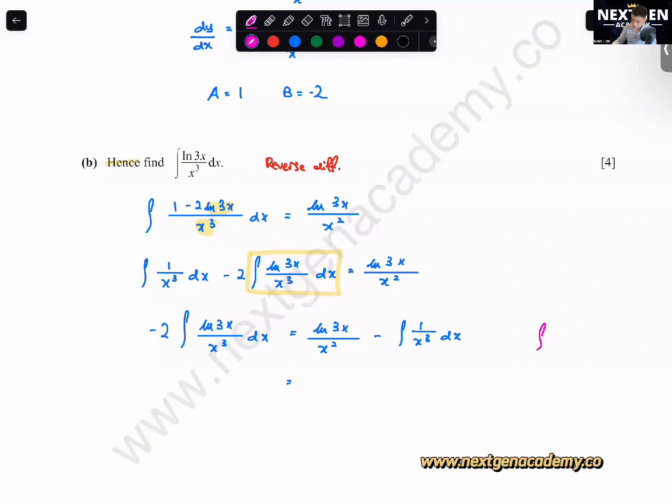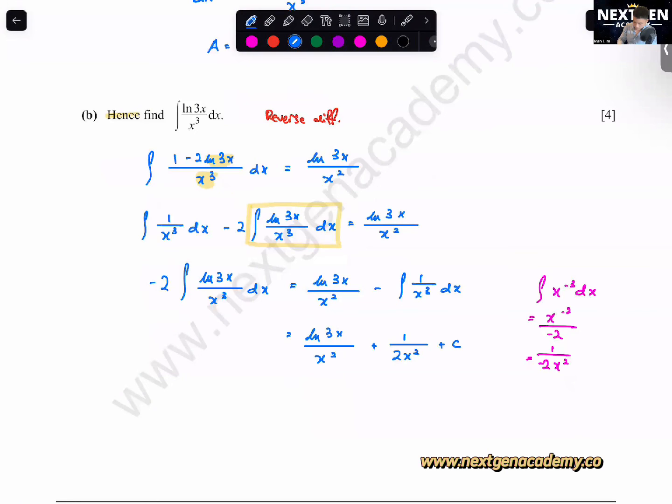You can write it as x to the power of negative 3 dx, where you get x to the power of negative 2 over negative 2, which you can write as 1 over negative 2x squared. So here, ln 3x over x squared plus, because you see minus minus is plus, 1 over 2x squared plus c.